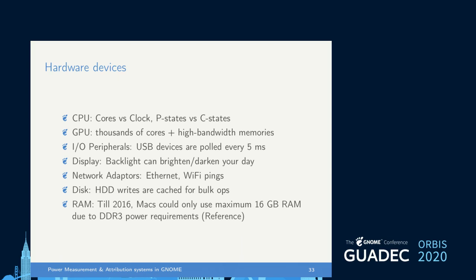This was so because they were unable to power more RAM than 16 gigabytes. That was due to the DDR3 power requirements. It's really amazing to see that even such a big company could not solve this issue. So this is a serious concern which is facing all manufacturers and programmers. And it's best that we solve it really well.